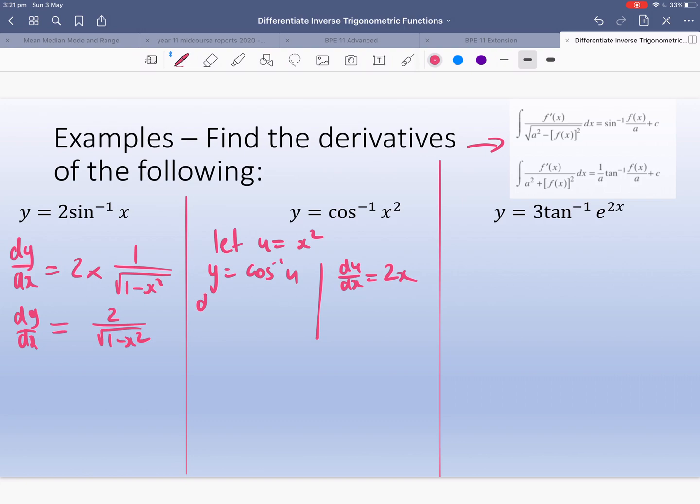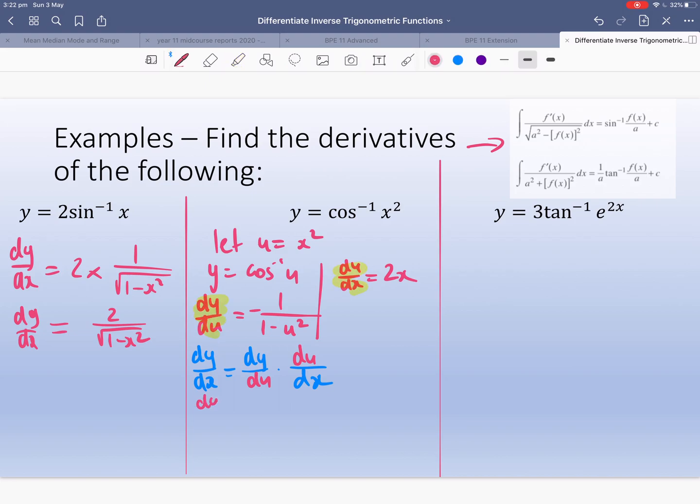Now that means that dy du equals negative 1 over the square root of 1 minus u squared, okay? Now, dy dx will equal dy du times du dx, all right? And luckily for us, we have those pieces of information there.